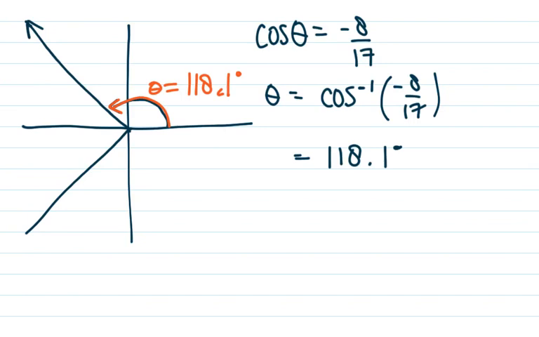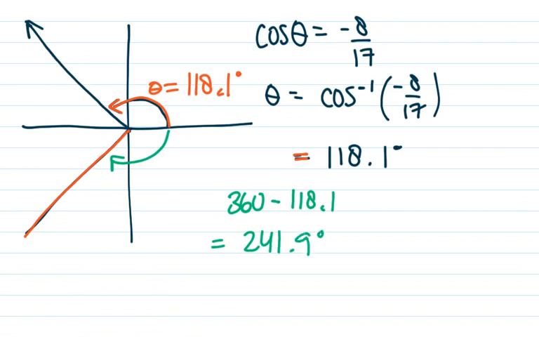But we know there's going to be another solution. So your calculator will just give you the one that's closest to 0. So it gave us the first solution. But we know there's another solution because cos is also negative in quadrant 3. So I want to measure it to this one here. So I'm going to measure 360 from here minus 118.1. Equals, punch that into your calculator, 241.9.